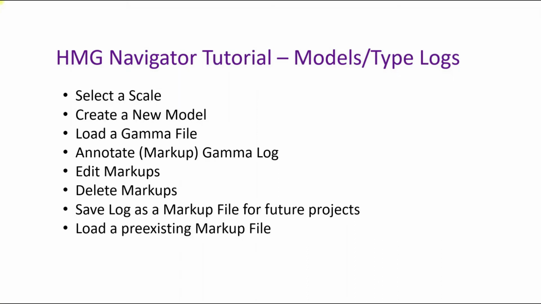Hello, today's tutorial on the HMG Navigator will be about the models type logs, and in this installment I'll show you how you can navigate over to the models page and then first select a scale, either imperial or metric, then create a new model, load a gamma file into that model, mark up that gamma log with tops and zones and formations, edit those markups if you want to change those tops or change the pattern or the color, delete markups or save that log as a markup file for future projects, and to load a pre-existing markup file.